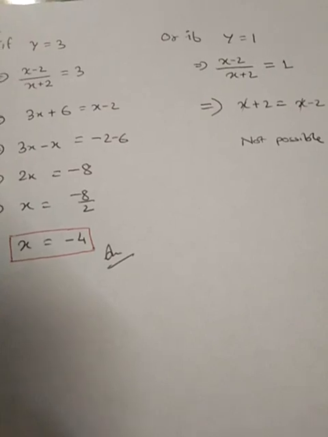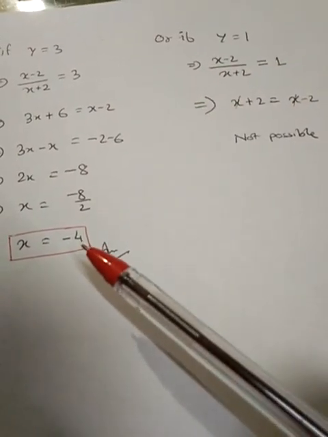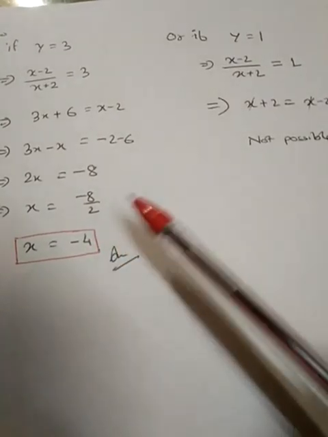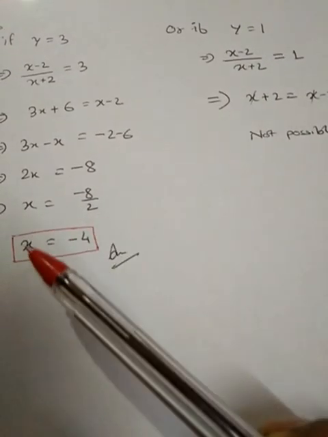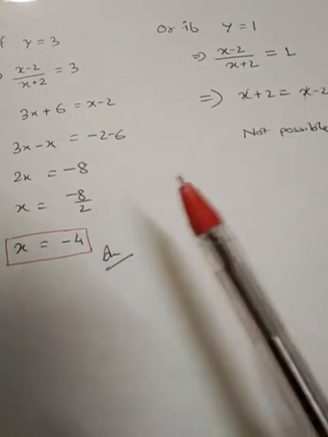Children, you may ask, as this is a quadratic equation, we should get two values of x, but why have we got only one value of x? For this, let us see another method.